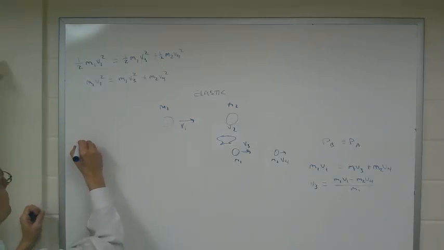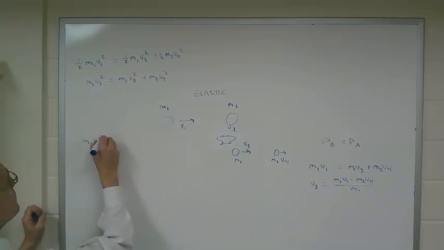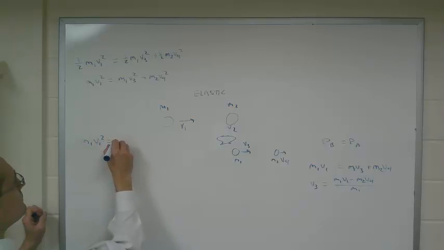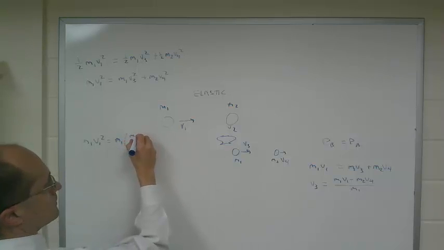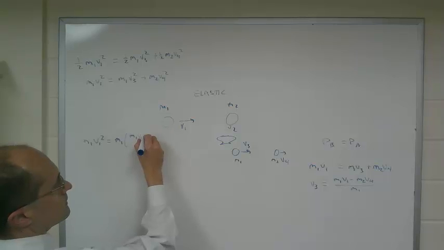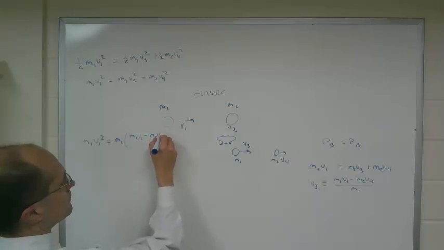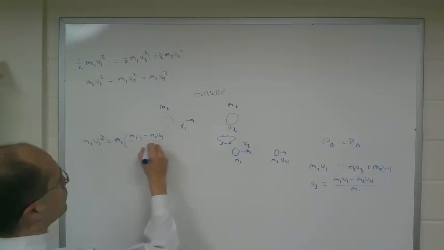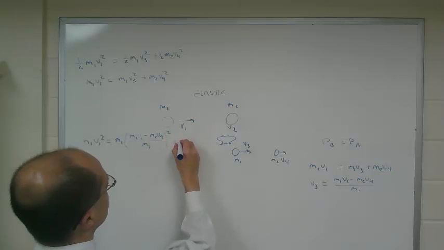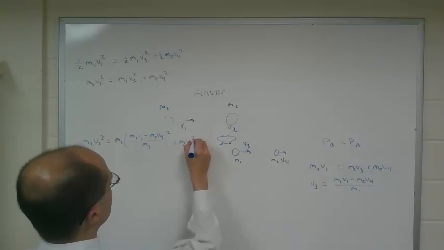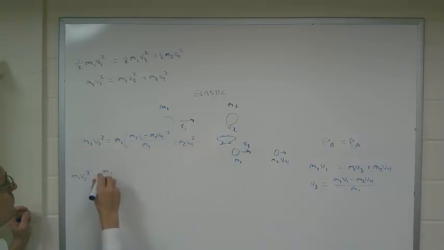So what do we see? We have M1 V1 squared is M1 times this quantity that we're going to have to square, which is M1 V1 minus M2 V4 over M1, that's all squared, plus this M2 V4 squared. We pull out the M1 squared, so M1 over M1 squared is 1 over M1.